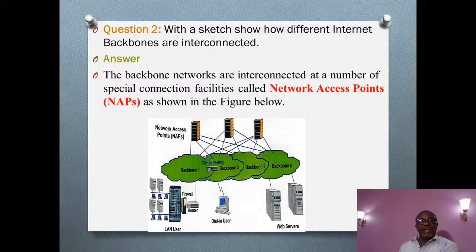As we look at that diagram, we see between backbone 1 and backbone 2, something like an electronic device, which we call the private peering. So if backbone 1 has sufficient community of interest with backbone 2, it will not have to go to backbone 2 through the network access point. It goes through to backbone 2 through that private peering because they have high community of interest.